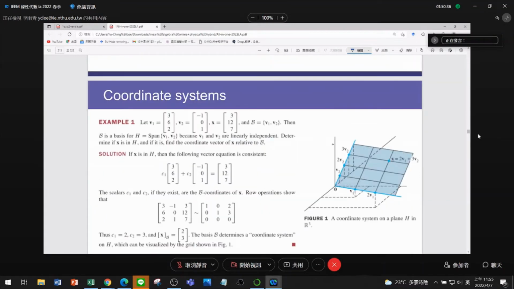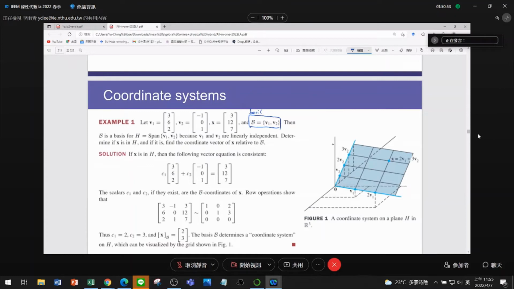So we have an example. Suppose we have a basis. We have seen this notation before. This is the basis using the capital B, containing two vectors v1 and v2.